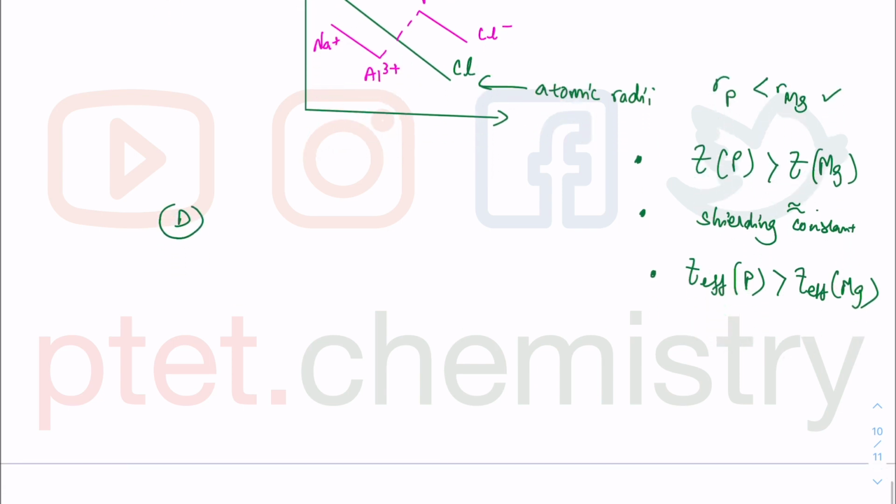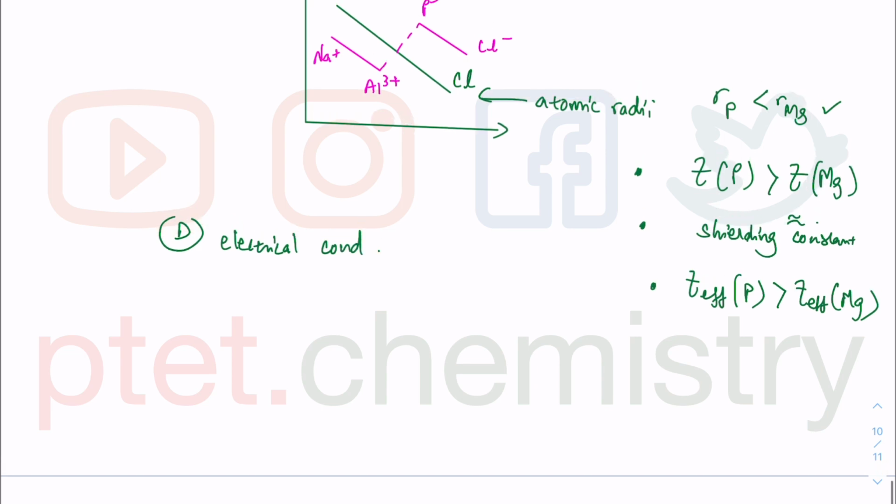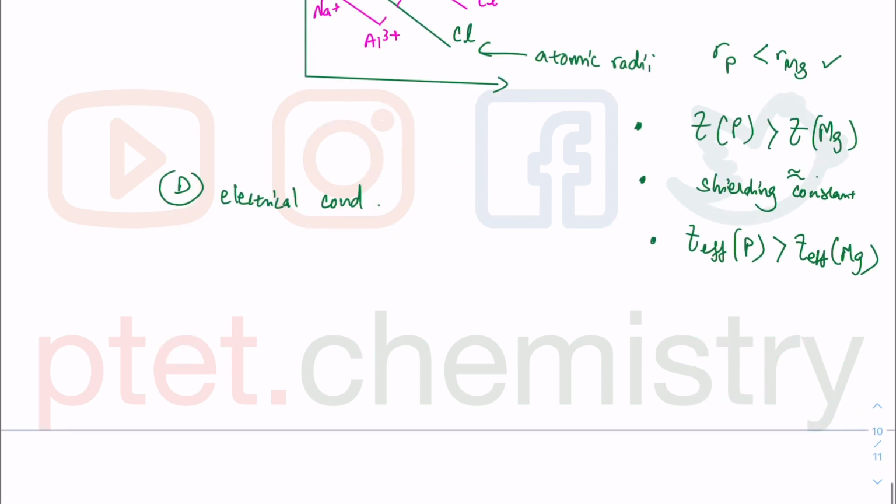In terms of electrical conductivity, as you can imagine, metals can conduct much better. That's why these are non-metals, the phosphorus onward. So you can imagine that if I have electrical conductivity on my y-axis, the metals will conduct much better, sodium all the way to aluminium, because they can delocalize more and more of the valence electrons.